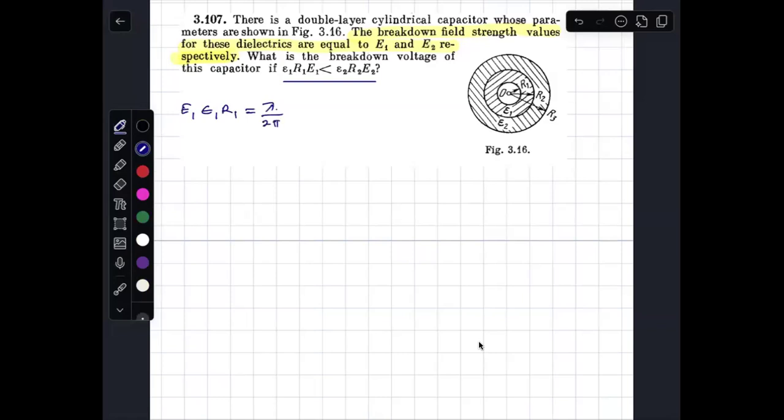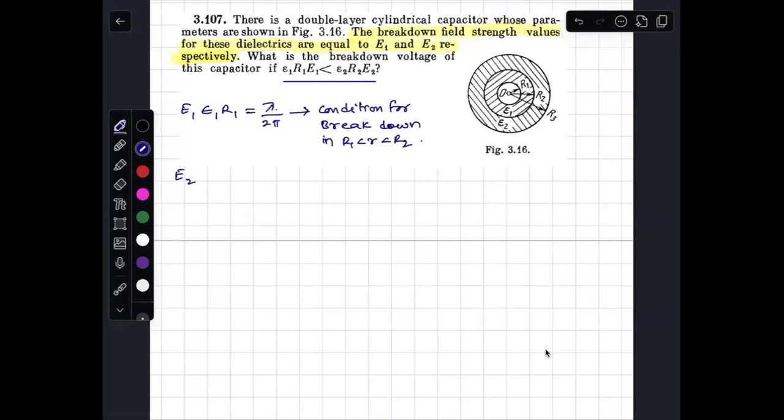Agreed? Just you accept. If this condition exists, remember what is this condition? This is the condition for breakdown in R1 less than R less than R2. Agreed? I am honestly asking again. Sure?